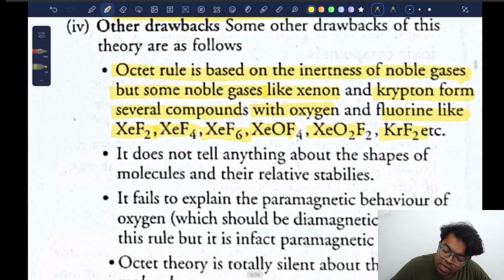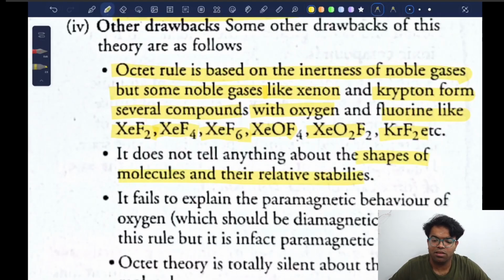Next, it does not tell us about the shape of the molecule and their relative stabilities. Molecules have a three-dimensional shape. What Lewis gave us was a two-dimensional structure of arranging the electrons around the central atom. That's it. He did not give us a three-dimensional shape.